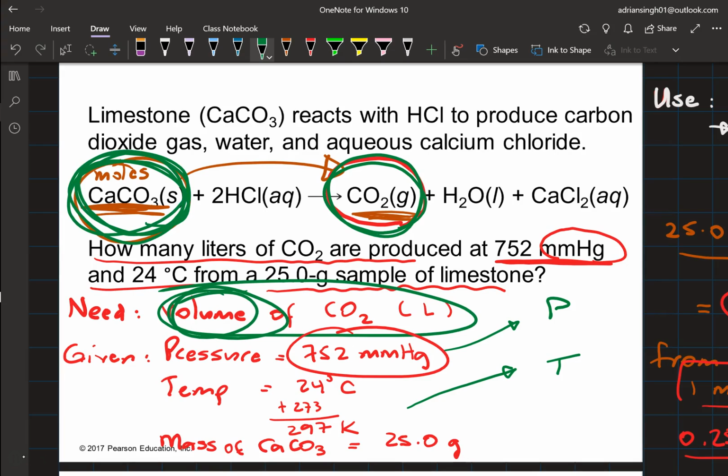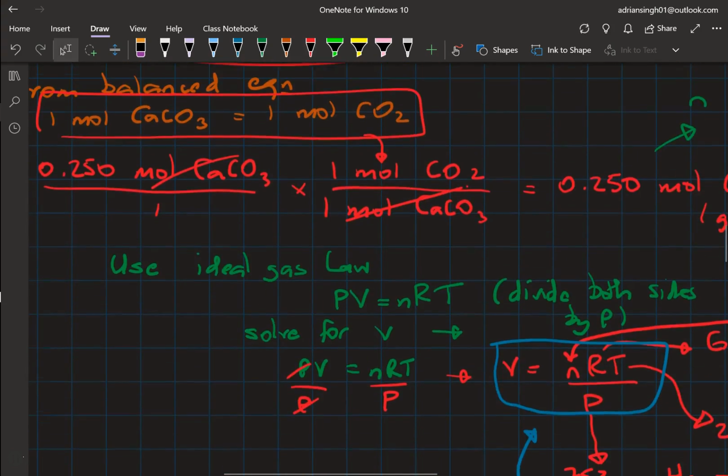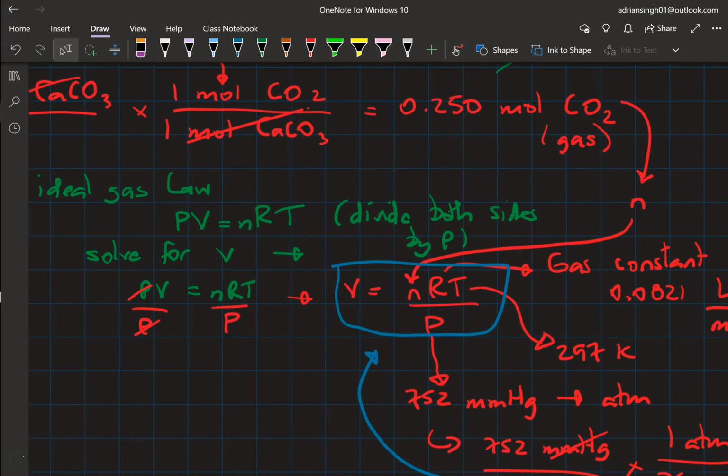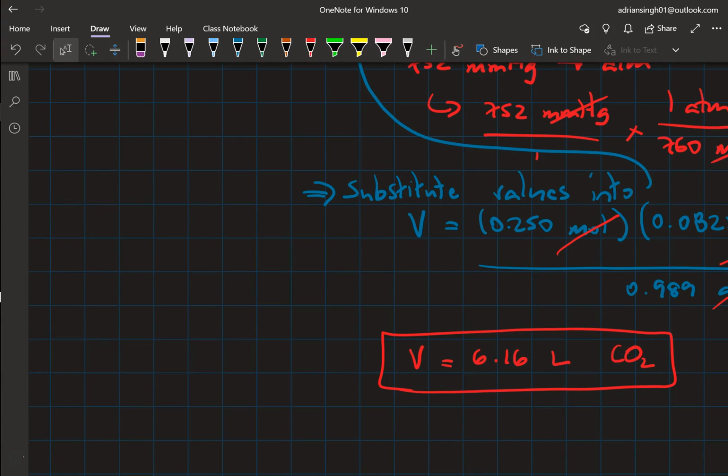Then we used the mole to mole ratio between the calcium carbonate and the carbon dioxide to get to the moles of CO2. Then we used all the other things that we were given, and we plugged that into our ideal gas equation to solve for the volume V of the gas in this case, which was our carbon dioxide.